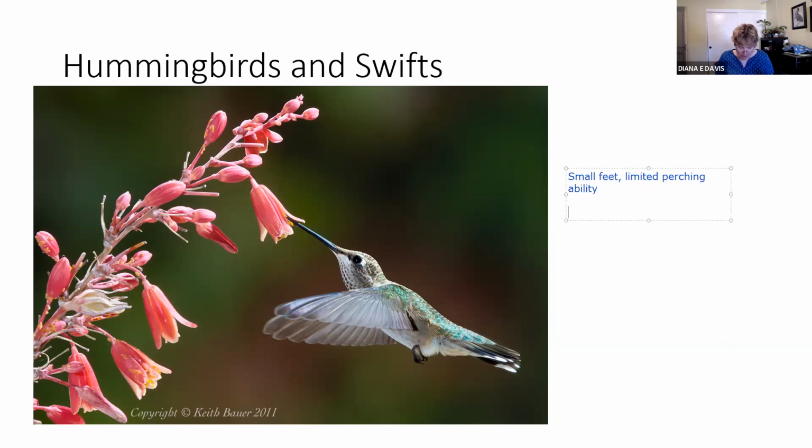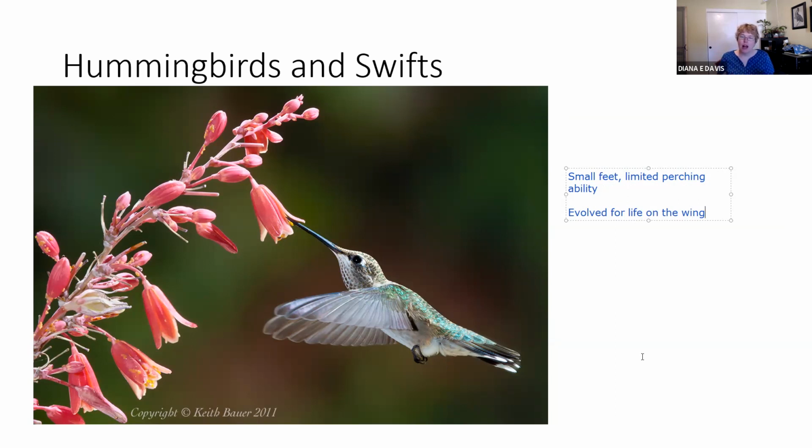They have really evolved for life on the wing. So this, of course, is a hummingbird. And if you've watched hummingbirds in your yard during the summer, they do perch, but they're amazingly maneuverable.